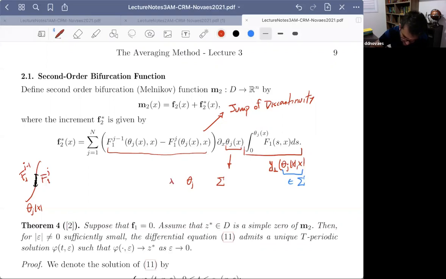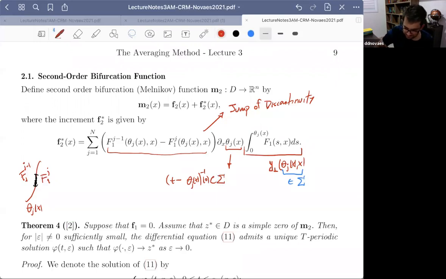Actually, x t minus theta j of x minus 1 of 0 is contained in our discontinuity manifold.